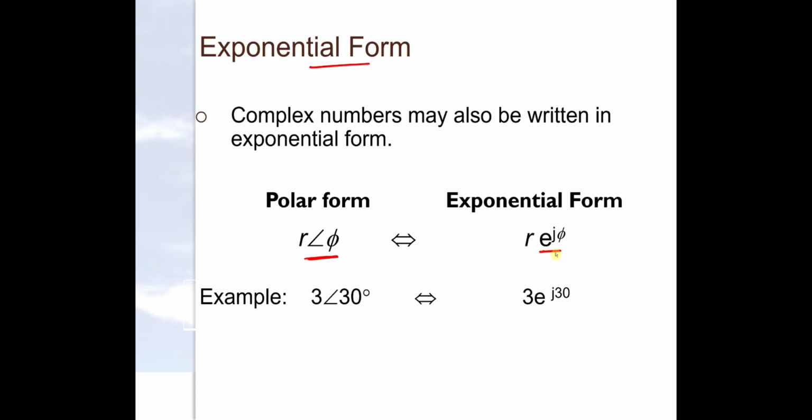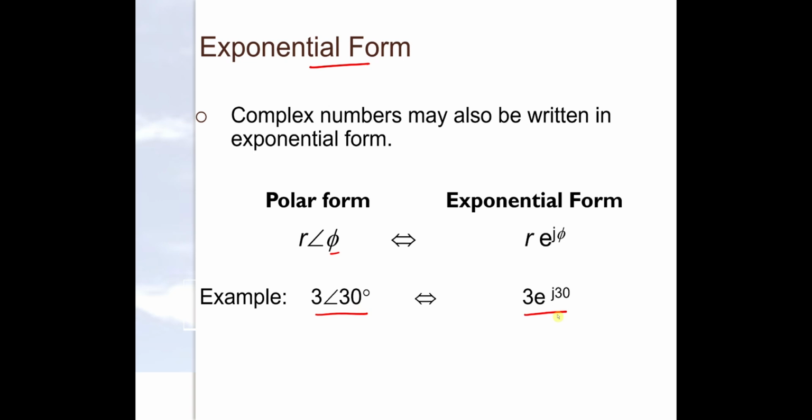Here I have a complex exponential with a magnitude r, same as the magnitude, and the complex exponent is the angle of my complex number. So this number, 3 angle 30, is a complex number whose magnitude is 3 with a phase of 30 degrees. The equivalent representation in the exponential form is 3 e^(j30).